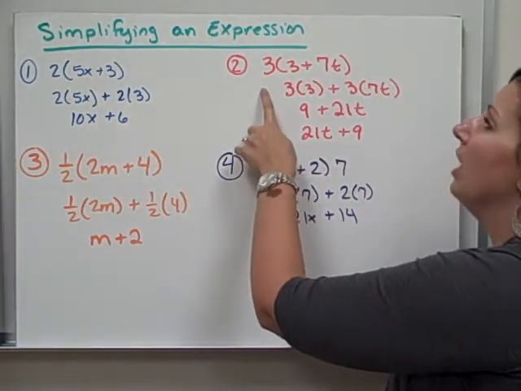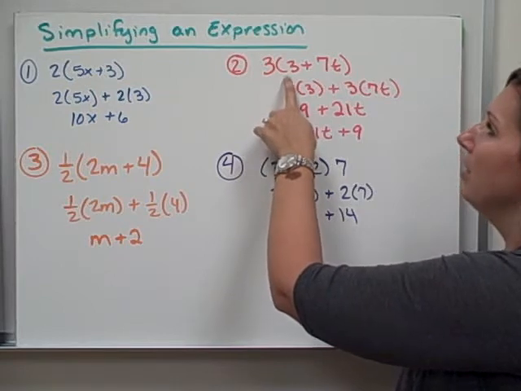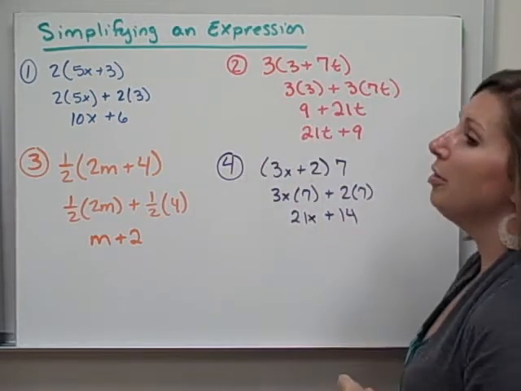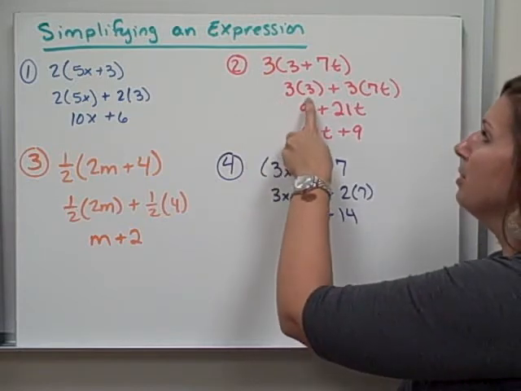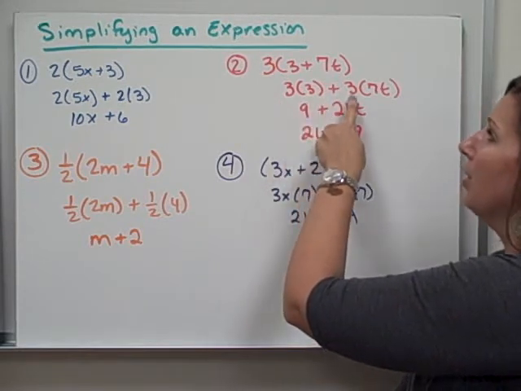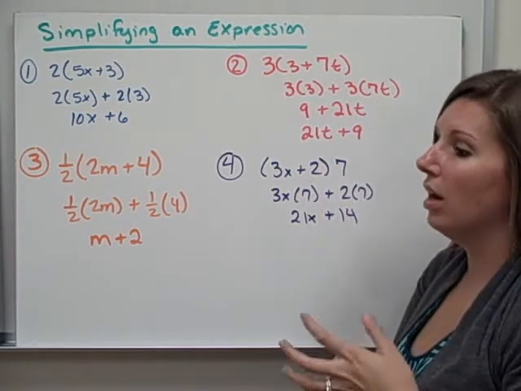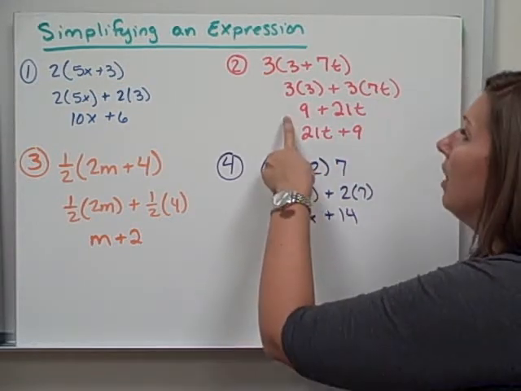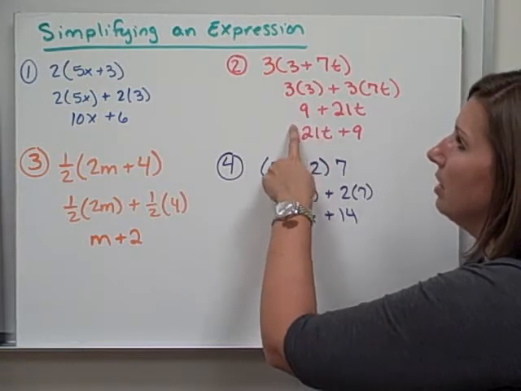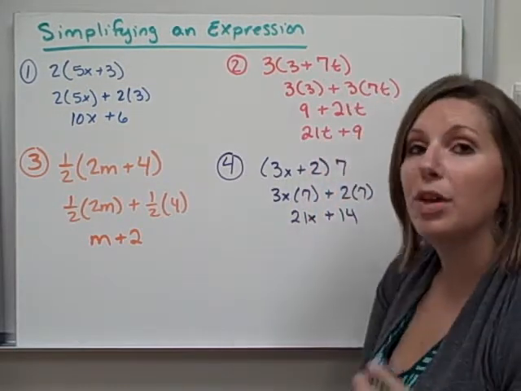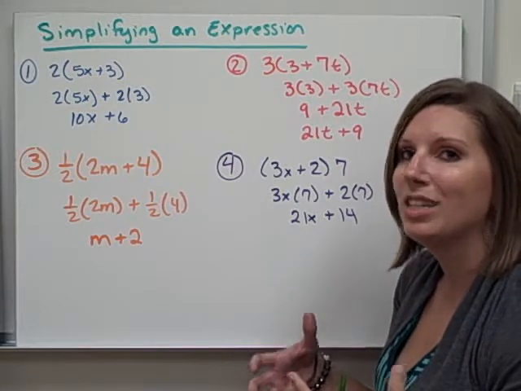Over here, I've got 3 times the quantity of 3 plus 7t. So using the distributive property, 3 times 3 and 3 times 7t. That would be what I would write down. Then I have 3 times 3 is 9. I know that off the top of my head. And then 3 times 7t. That's like having 3 groups of 7t.